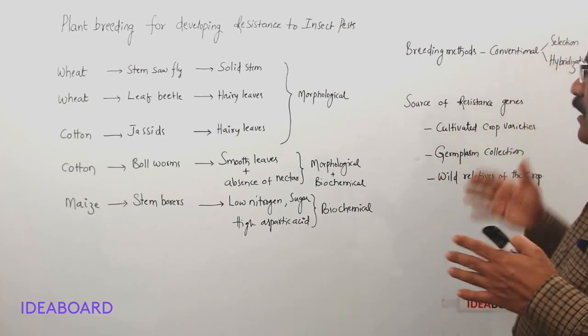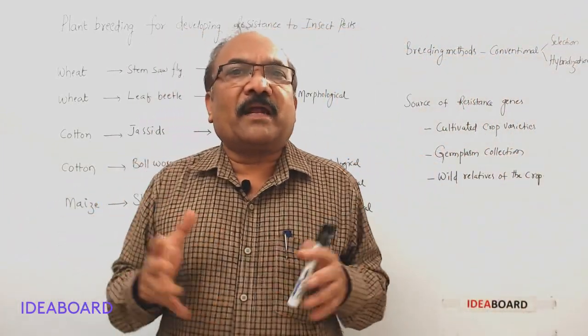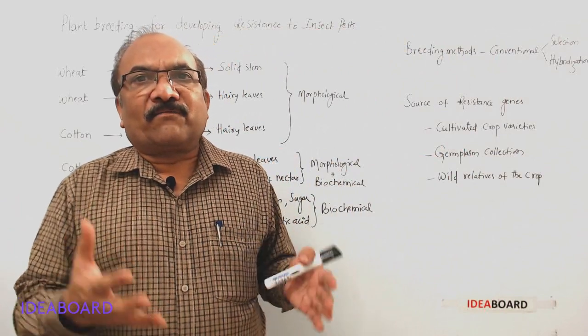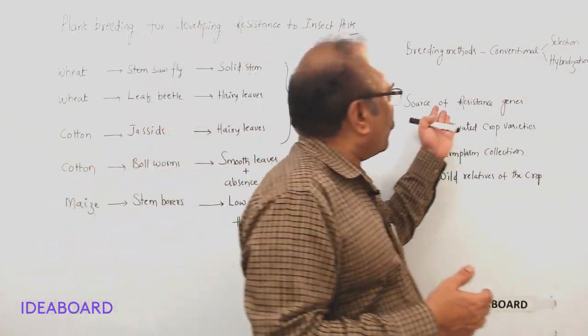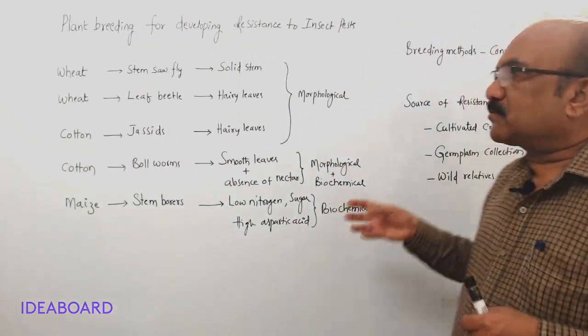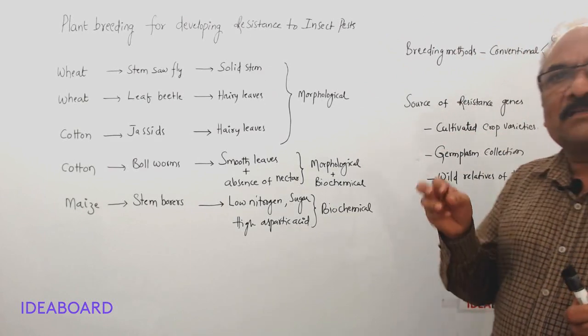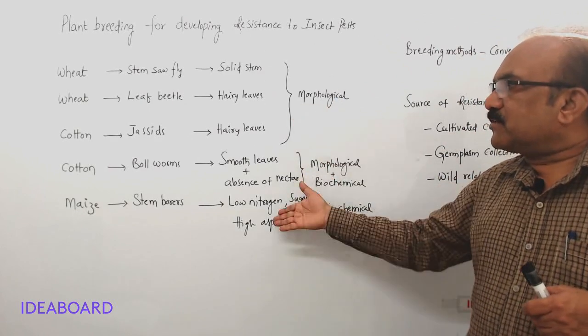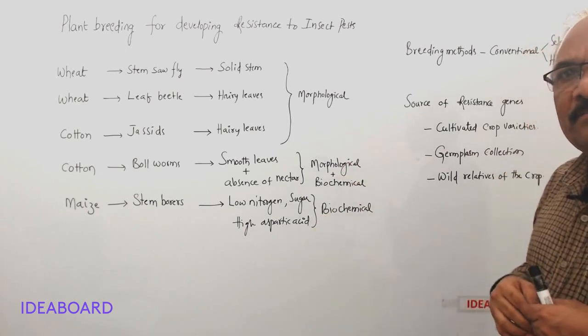In hybridization, of course, we know that parent plants are required, and from where do we get these parent plants? The source of resistant genes or the source of parent plants may be cultivated crop varieties, because some crop varieties may have these features. Such plants are selected as parents.